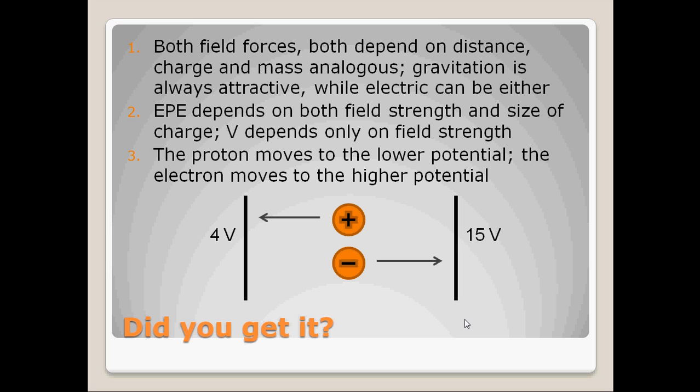Second question. Our electric potential energy depends not only on the field strength, it also depends on the specifics of the charge that wanders into that field. The nice thing about electric potential, aka V, is that it depends only on the field strength. It doesn't conflate the specifics of those individual charges. I know that's a tricky point.